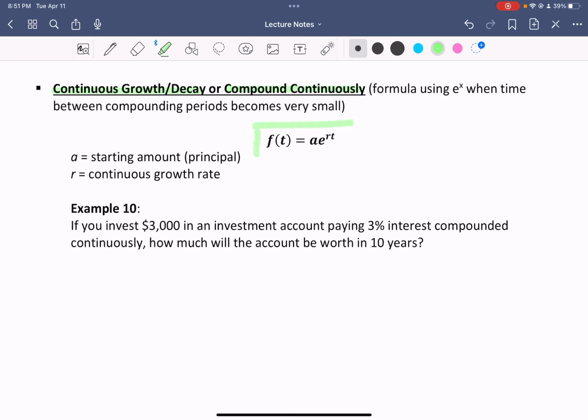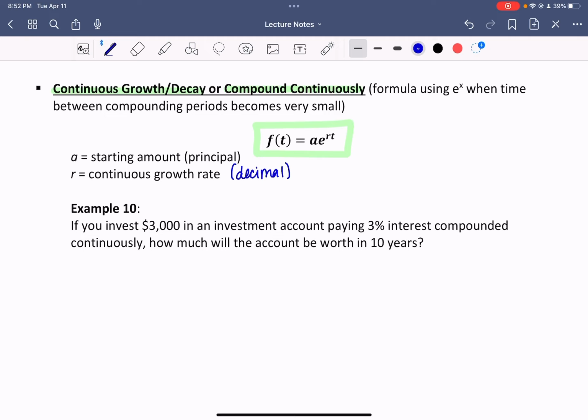And this is going to be the formula we're going to use. A is still your starting amount, your initial value, your principal amount, the amount you're borrowing or investing. R is your continuous growth rate. Remember, that always needs to be written as a decimal.